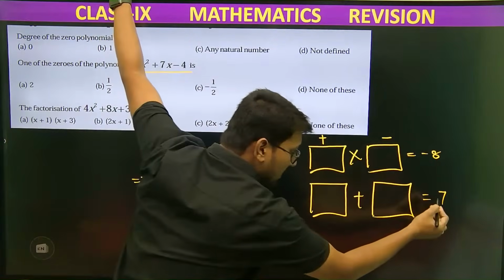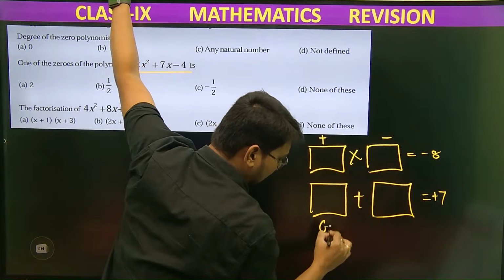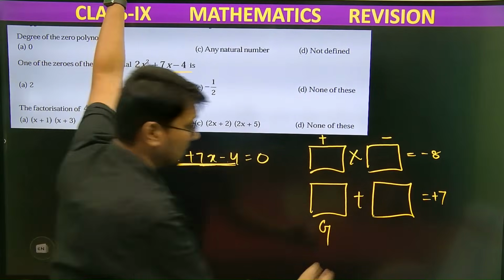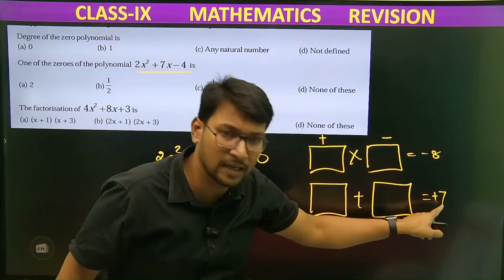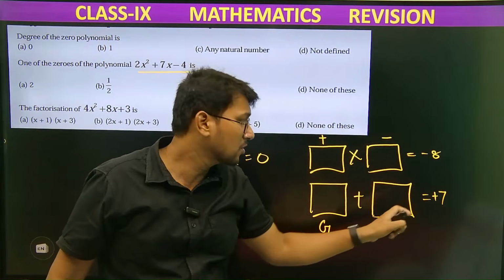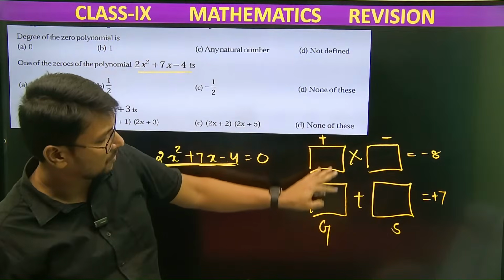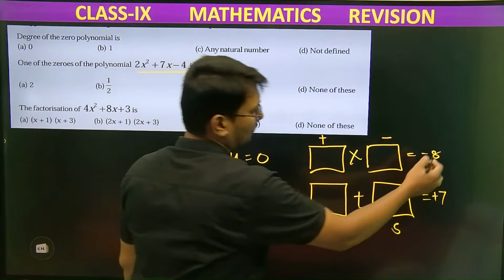If the sum is plus, then the greater one is plus and the smaller one would be minus. If the sum would be negative, the greater one would be negative and the smaller one positive. Got it? Now factorize.